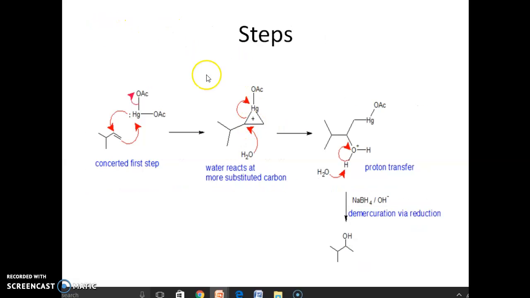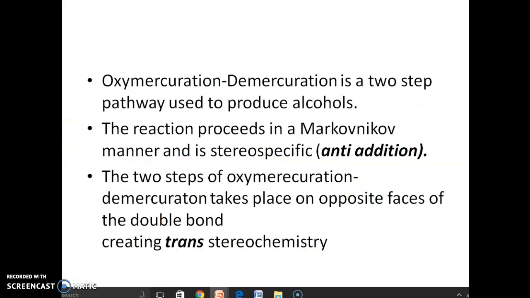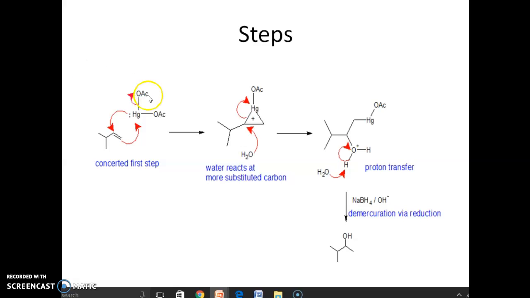Here these are concerted steps, which you can see. This is the electrophilic addition where mercuric diacetate is added across the double bond.